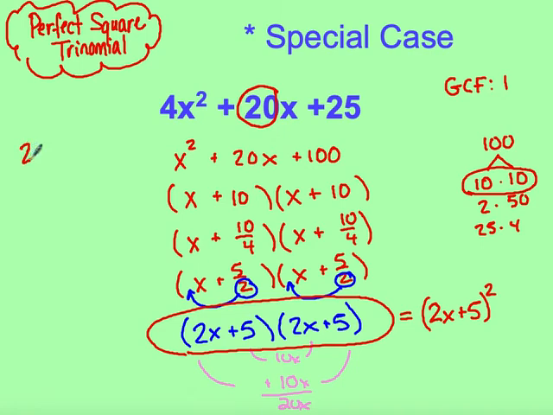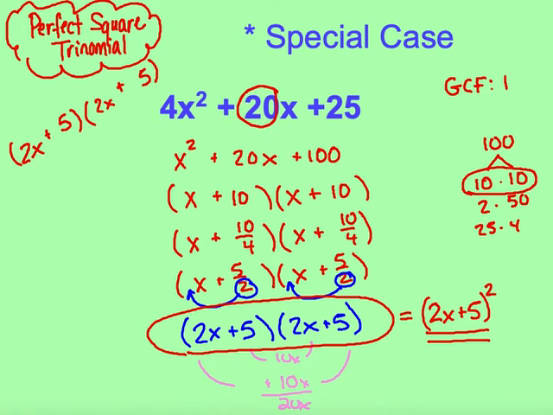So I pay attention to the 2x factors and then the factors of the 25 so that those outers and inners give me 20. Now, if you didn't recognize that at first, that's okay. You can simply use that slip and slide method. But whenever our factors become exactly the same, that is a perfect square trinomial.